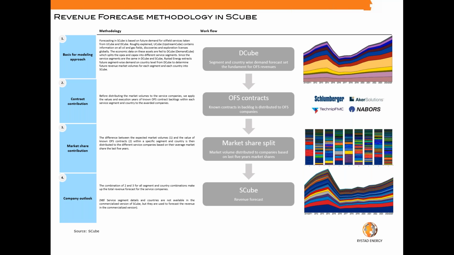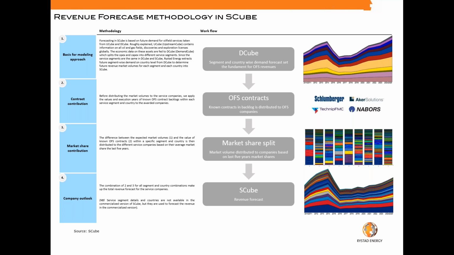And the difference between the expected market volumes in bullet point 1 and the value of all the known oilfield service contracts in bullet point 2 within a specific segment and country is then distributed based on the average market shares over the last 5 years for the different service companies.